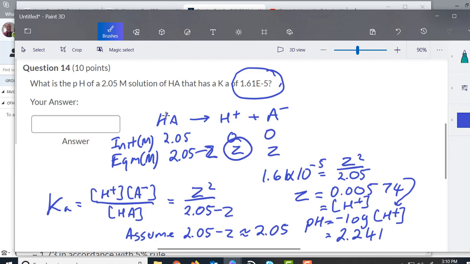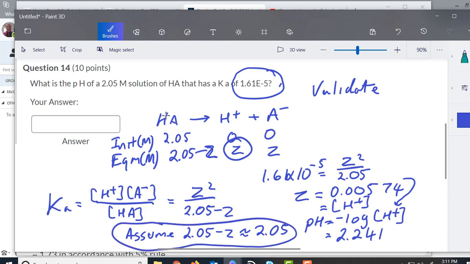And if we were doing this properly, or we're doing it in an actual test, we would validate the assumption that we made down here about assuming that 2.05 minus Z is approximately 2.05. Now, the way I do that is I take my Z value and I divide it by my original concentration to see if it's going to be more or less than 5%.